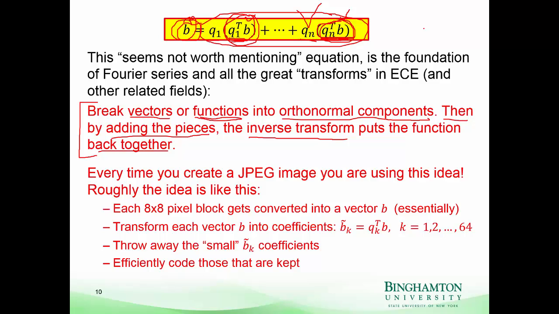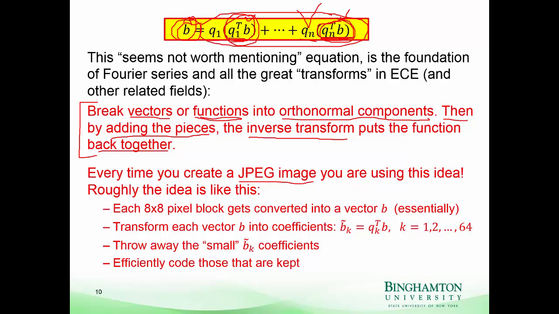So again, it's kind of hard to explain all of this without some other machinery that you need to know. But I'm just trying to allude to this and maybe get you interested in going on to these other courses. Now here's another example. As I alluded to, every time you create a JPEG image, you're basically doing this idea.